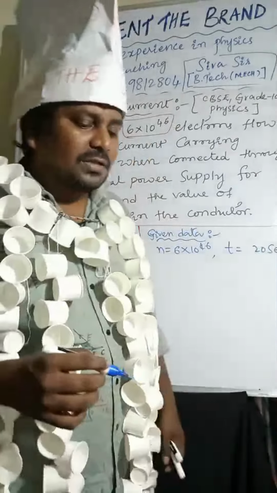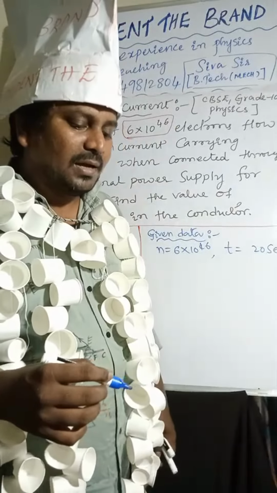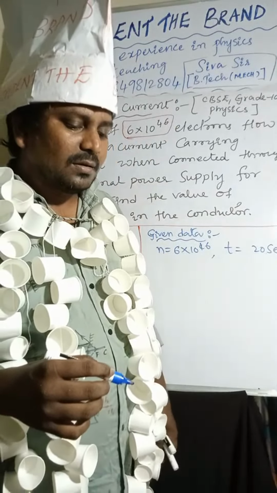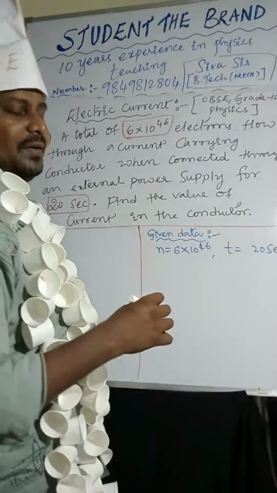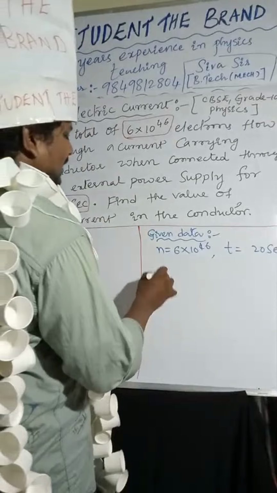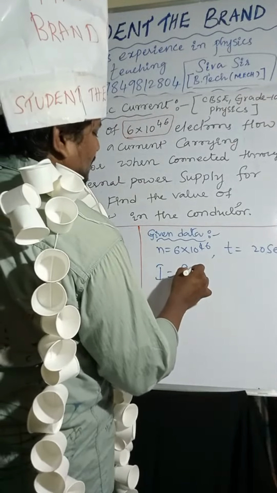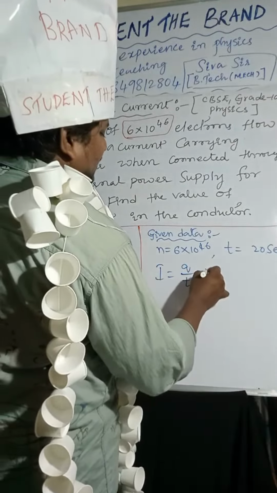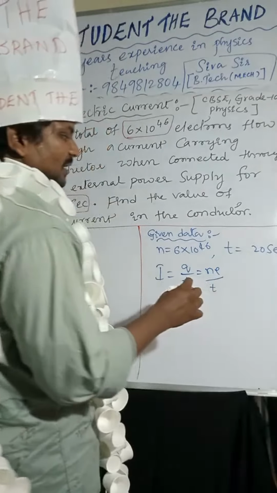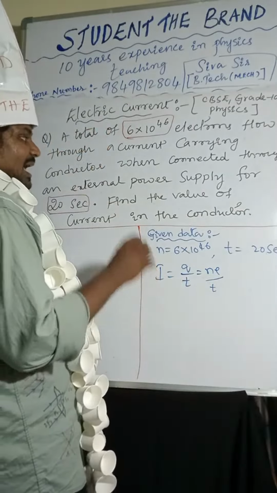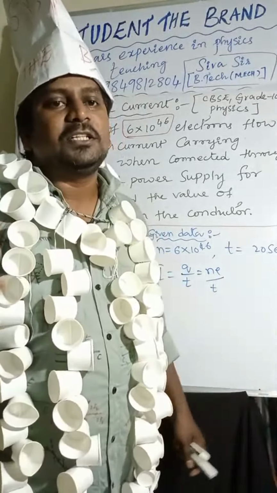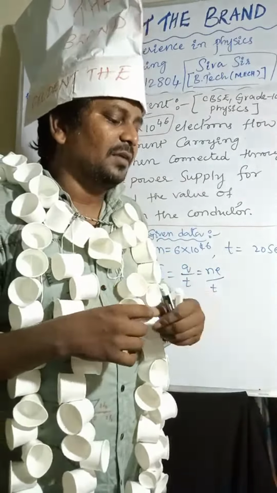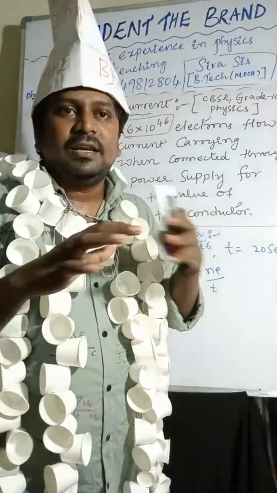So we can use the formula I equal to Q by T, that is nothing but n e by t. But here one thing you need to understand, as I said in the previous explanation, compulsorily you have to remember one value without any doubts.